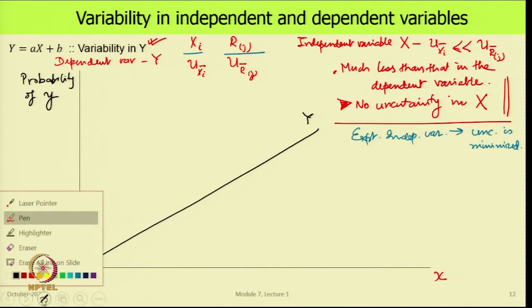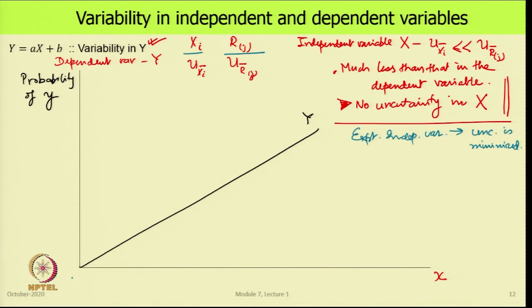We pick out one value of x, say here, xi, and ask that I do the experiment many times and I get the values of y in each case. And now I plot that. The mean value of y lies over there. So, in this xy plane, this is our data point.